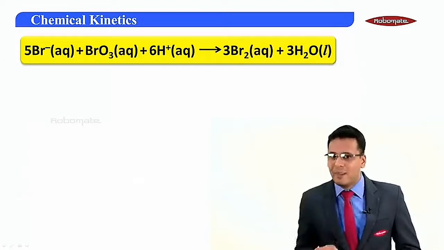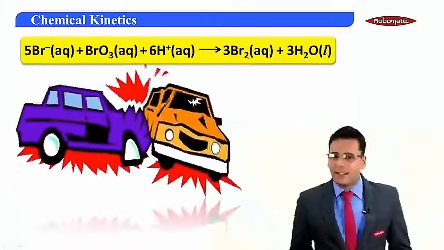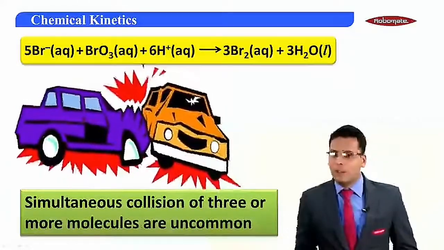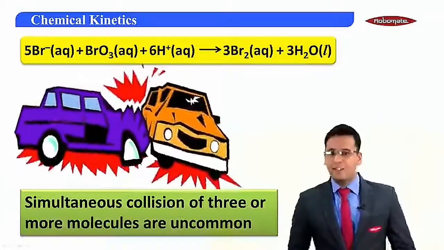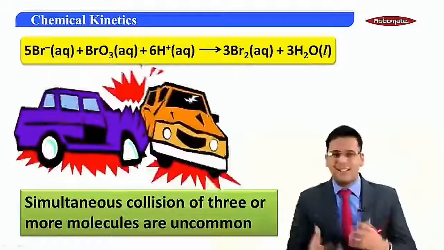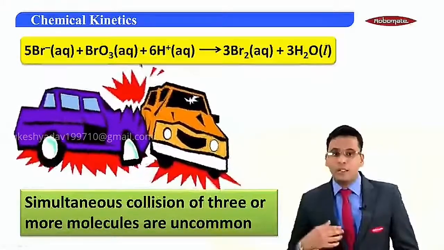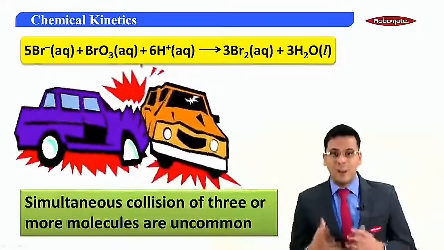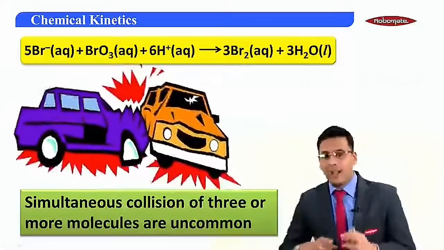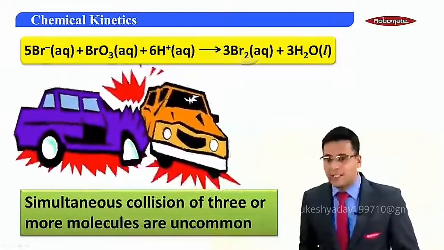But if you really think about what is a collision, you will understand the fact that simultaneous collision of 3 or more molecules is uncommon. Why just molecules? Simultaneous collision of 3 or more particles itself is uncommon. And here the molecularity is 12, which means 12 molecules in the same ratio are colliding simultaneously. That sounds a little weird, right?